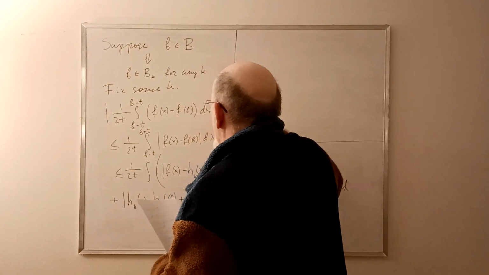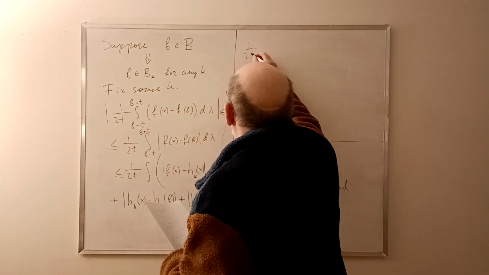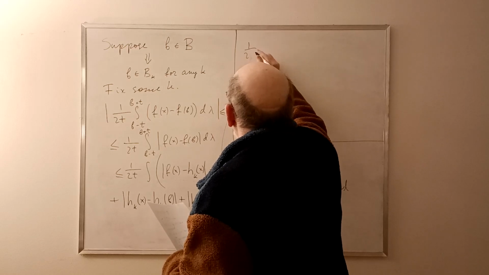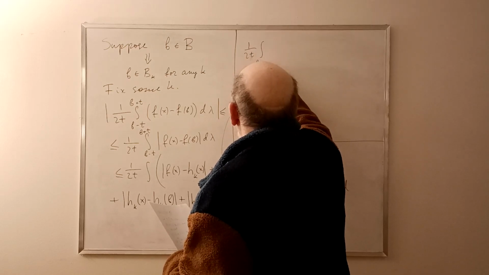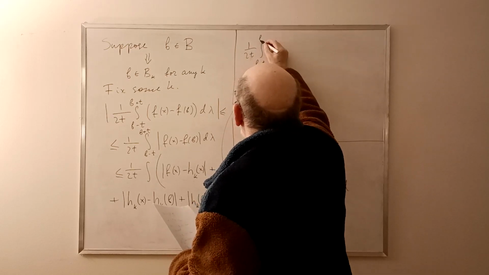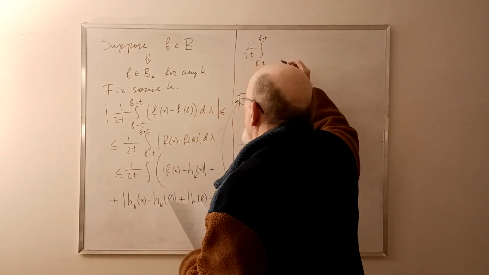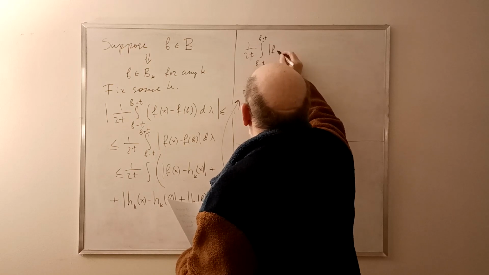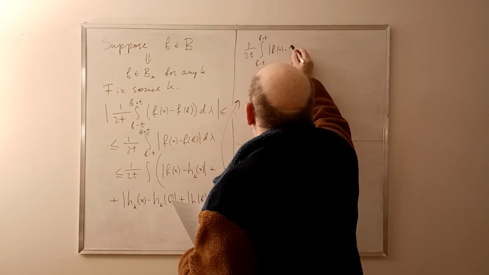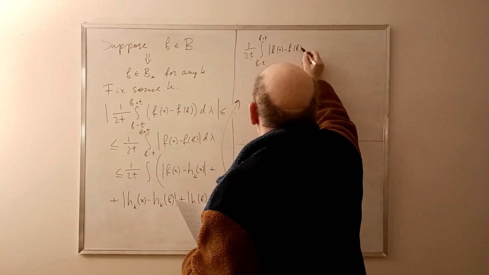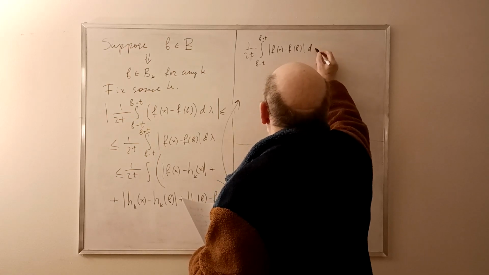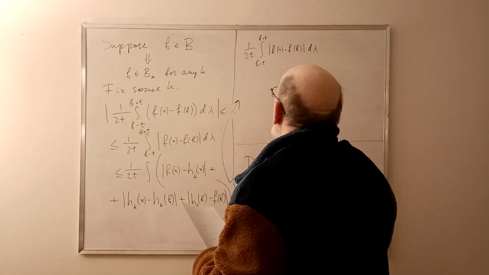The first, 1 over 2t integral b minus t to b plus t of what? Module fx minus fb d lambda.